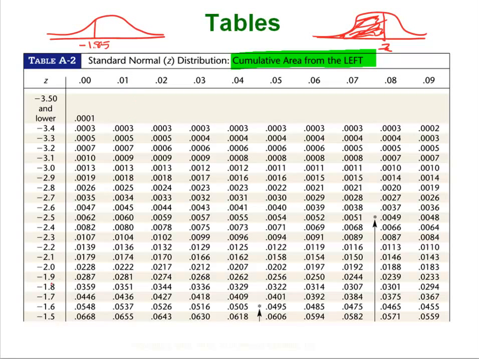So to do negative 1.85, here's negative 1.8, and then here's the 0.05, the second decimal. You do the intersection of those two, and you get this value right there, and that tells you that the area to the left of that is 0.0322.